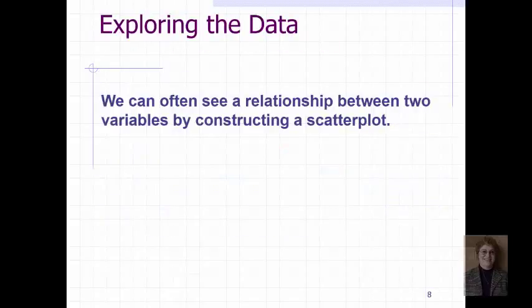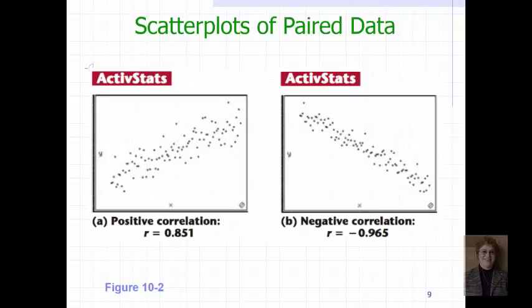The first thing we do is explore the data and look at the scatter plots. You can see the scatter plot on the left has a definite trend. It goes up from left to right. That's a positive correlation. You can see the scatter plot on the right goes down from left to right. There's a correlation there.